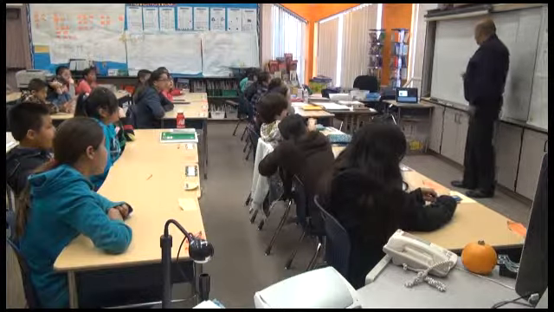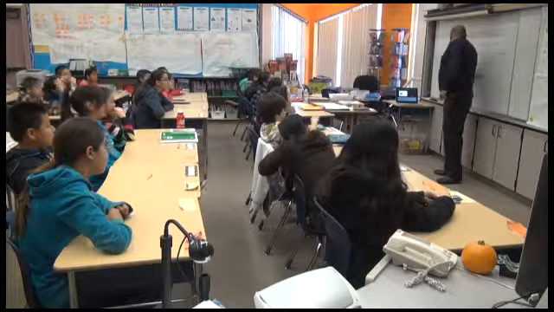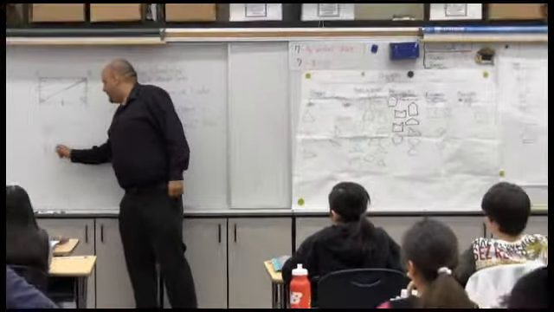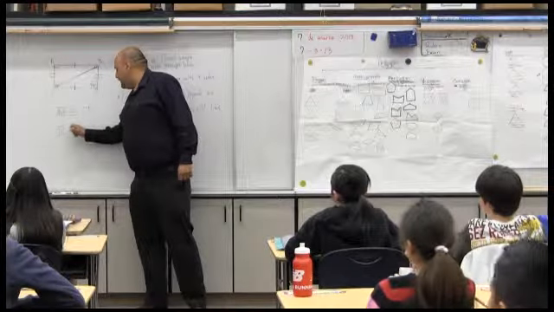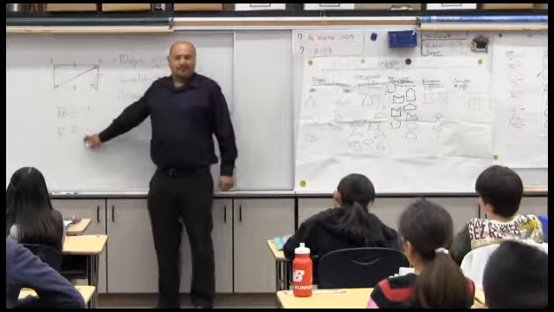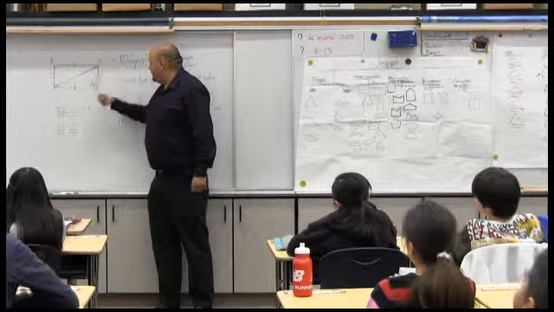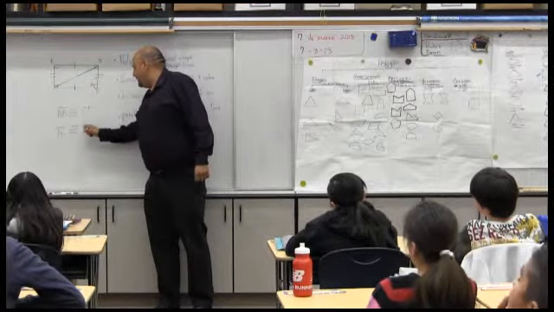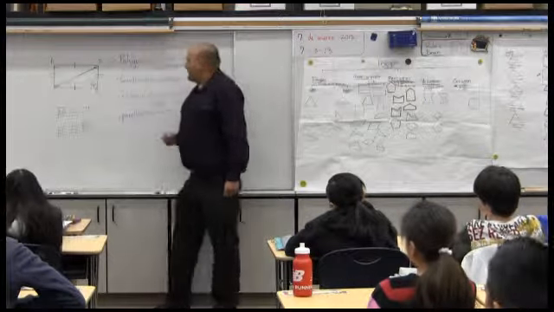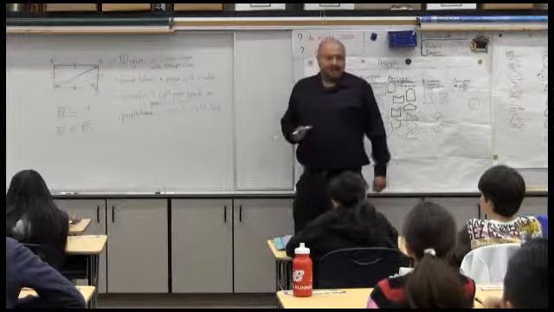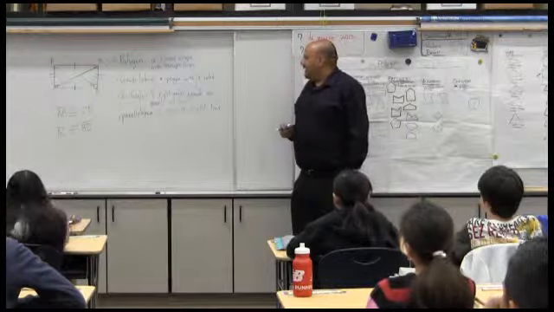Side AC is also congruent to side BD. So I could put AC is congruent, and Oscar says this sign means congruent. Everybody agree with that? Yes. To what? AC is congruent to BD. So everybody agree with that? Okay, good. Anything else I can put?